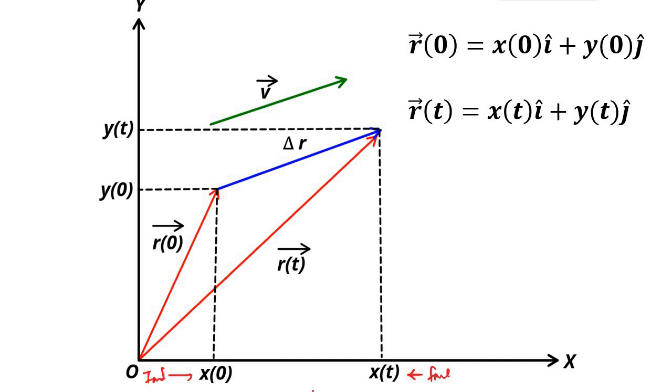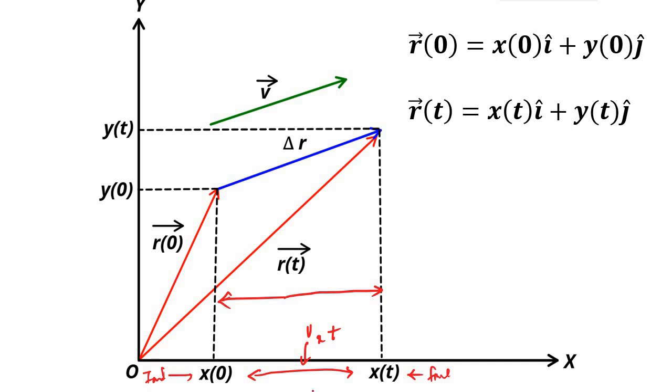So this gap between x0 and xt is equal to vxt, this much from here to here. Vxt added with x0 gave us xt.